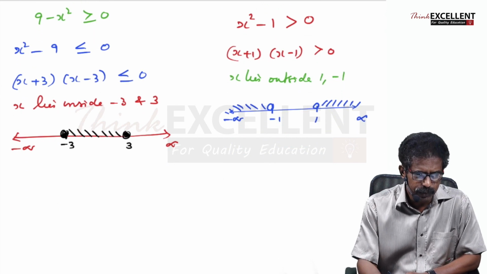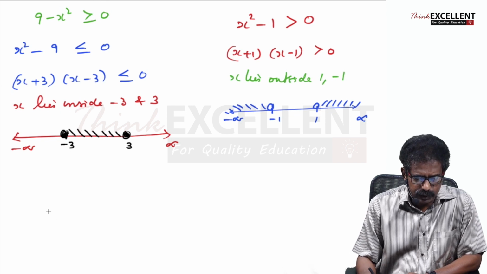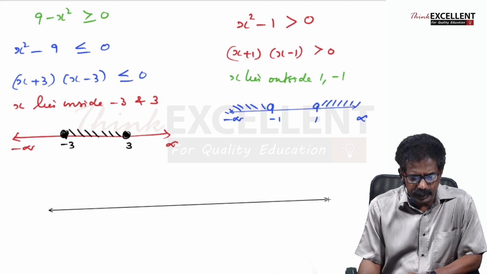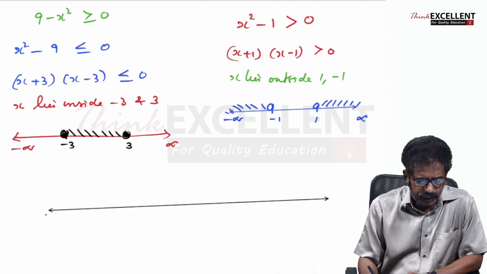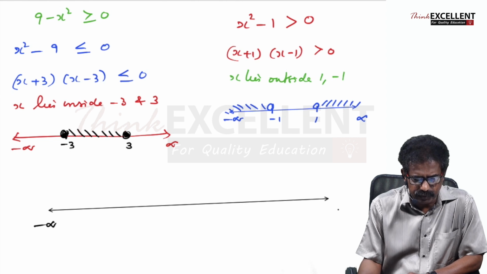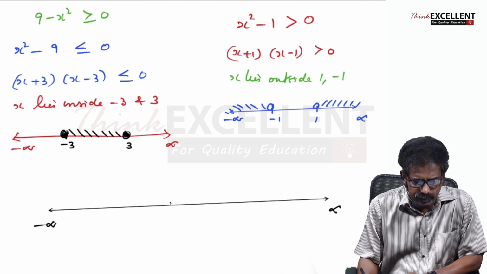Okay, so now, I'm going to draw another number line in which we take both the domains. So we take this, say, minus infinity to plus infinity. Say minus 1 is somewhere here, minus 1, minus 3. Minus 3 is here, 1 is here, and 3 also.